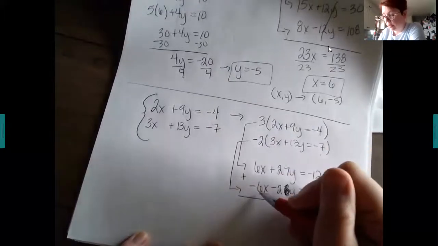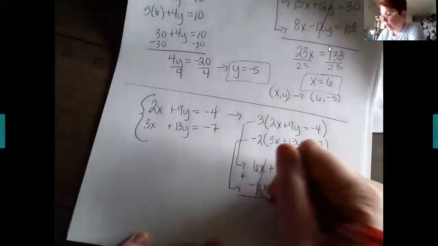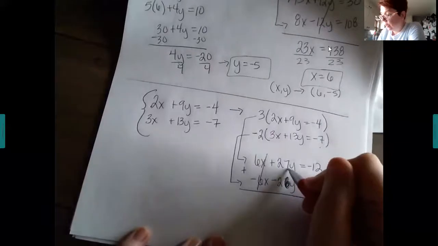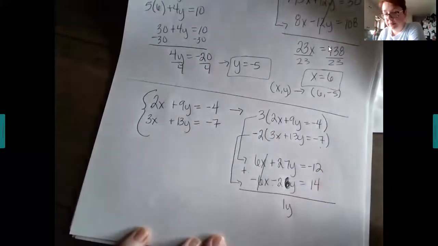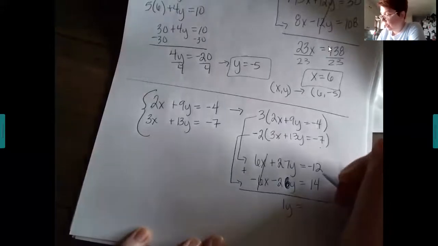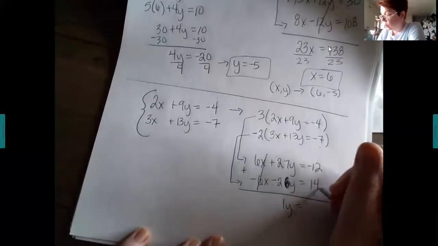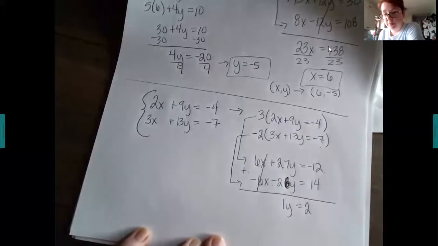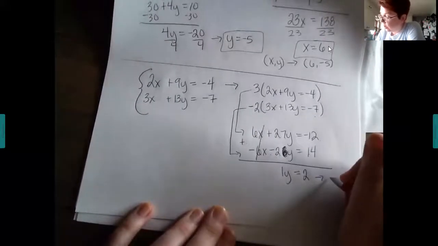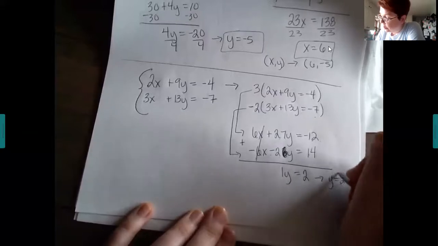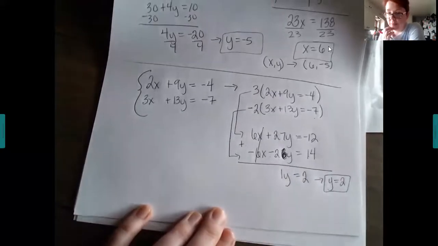This 6x and this -6x will be eliminated. 27 plus -26, and it leaves a +1. -12 plus 14, that'll be a +2. If we have 1y, that's the same as 1 times y, or just y. So I already have my answer for y equals 2.